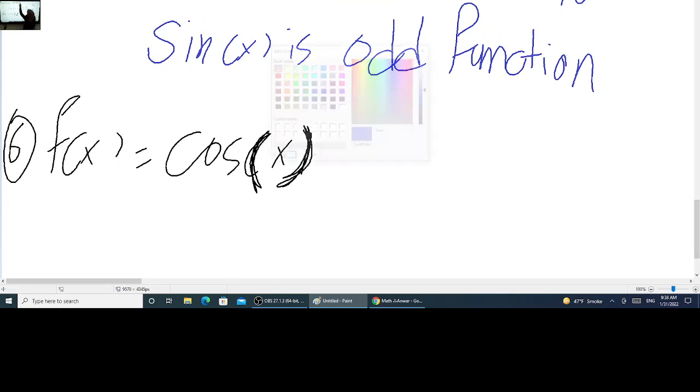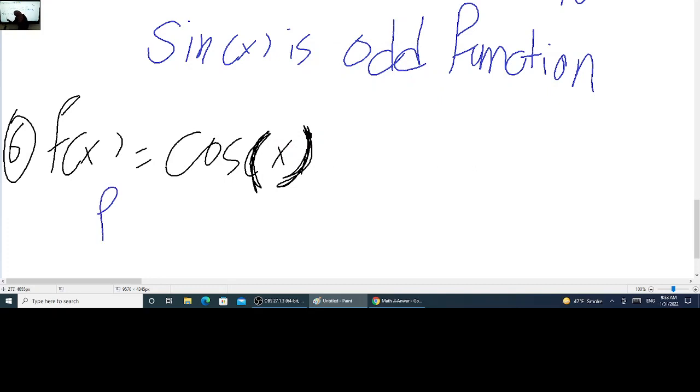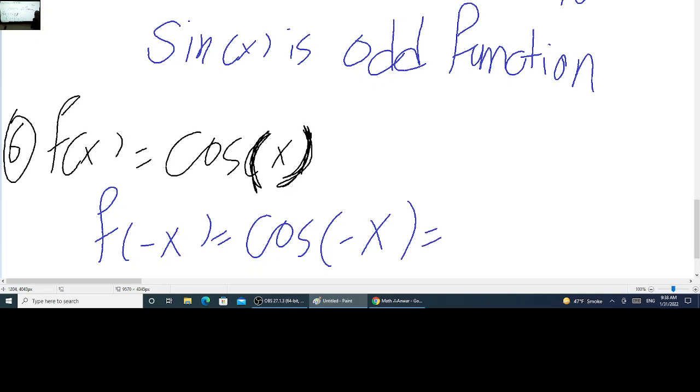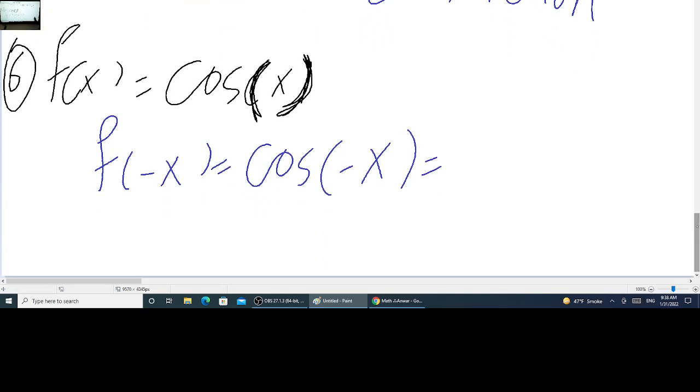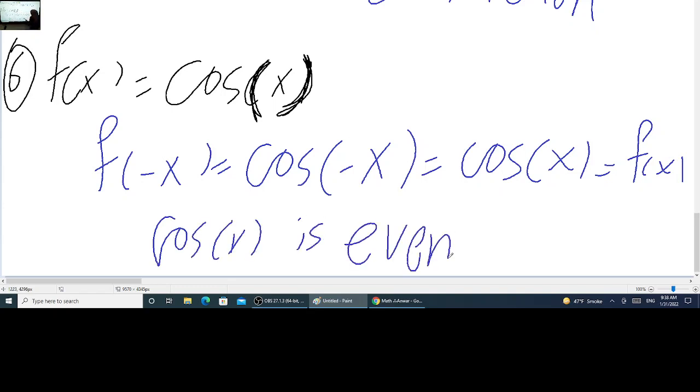Just take f of negative x, which is cosine of negative x, and we know that cosine of negative x is cosine x. This is an identity, right? So this is f of x. So cosine x is an even function, okay? Cosine x is an even function.